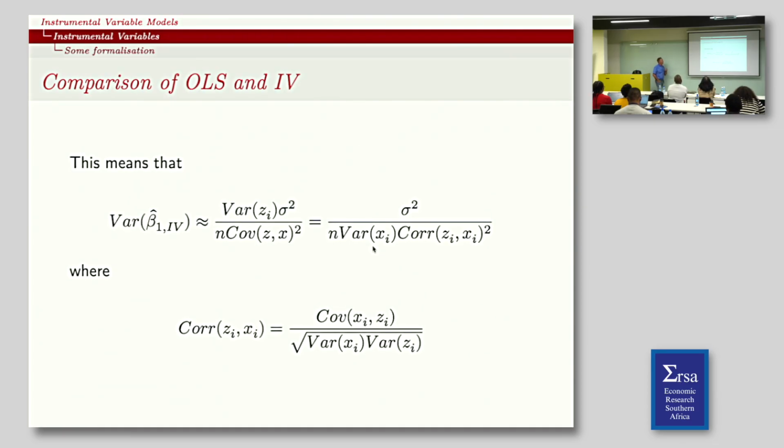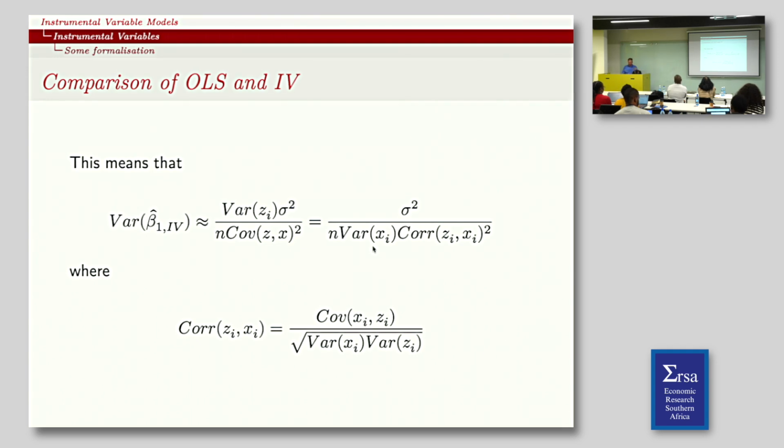If I compare ordinary least squares with IV, it requires a bit of work, but basically the variance for beta 1 from the IV is some function of the variance of Z and sigma squared, divided by the covariance of Z and X squared, and it's also a function of n, right?